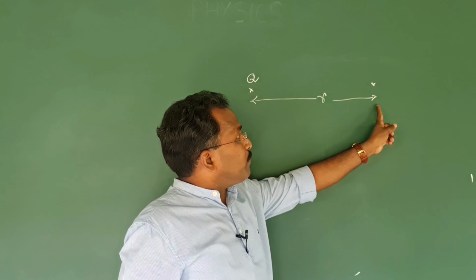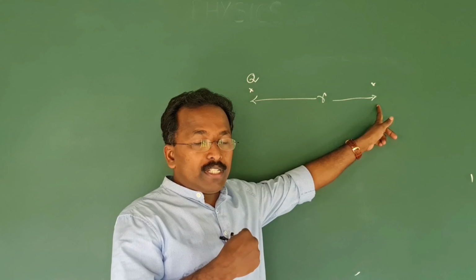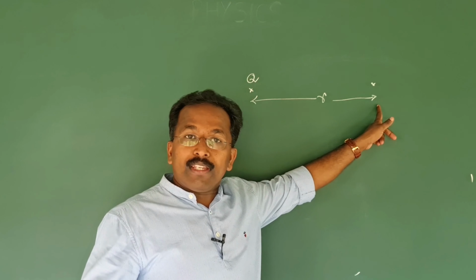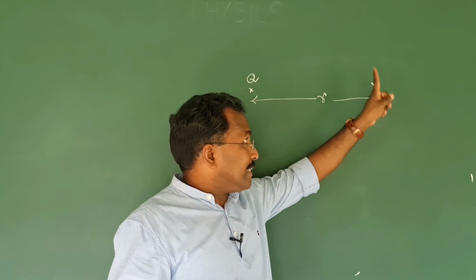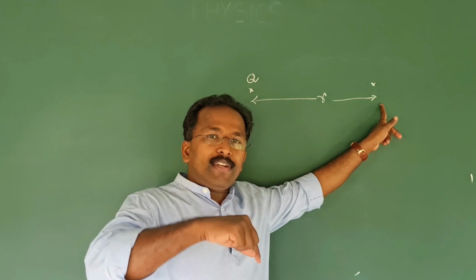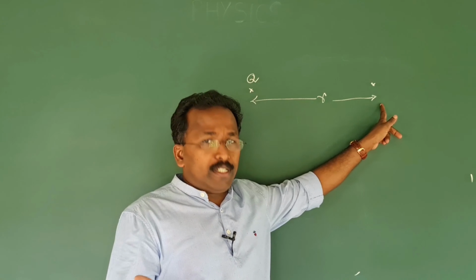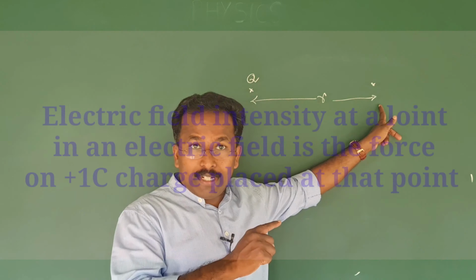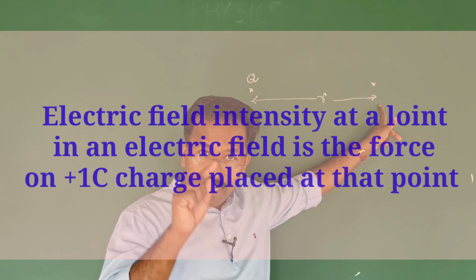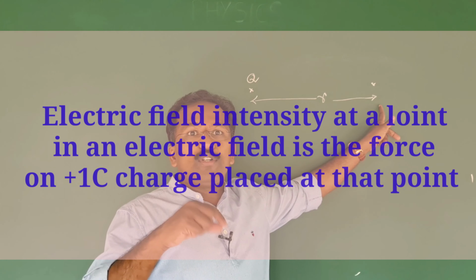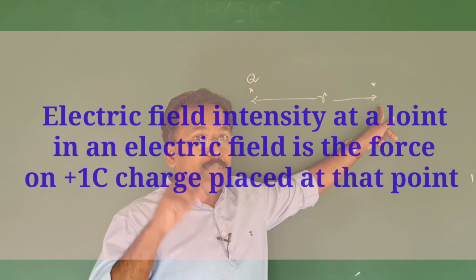For finding the electric field due to this point charge, please recollect the definition of electric field. We use both the terms, electric field and electric field intensity. Electric field intensity at a point in an electric field is the force on plus 1 coulomb charge kept at that point.